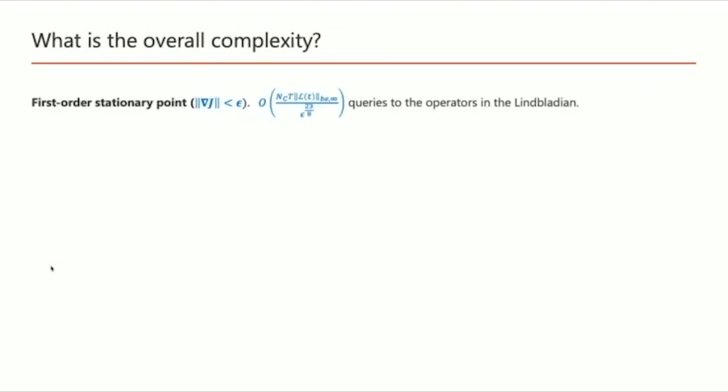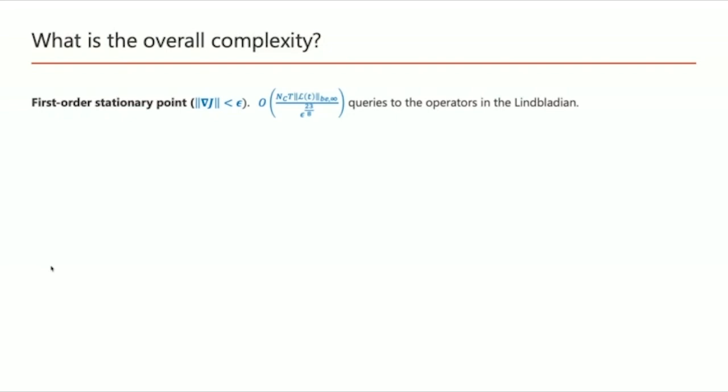All right, so if you're just interested in fulfilling the first order condition, meaning that the gradient is less than epsilon, then the analysis is very straightforward. So the complexity is basically like this. I threw away all the logarithmic factors.